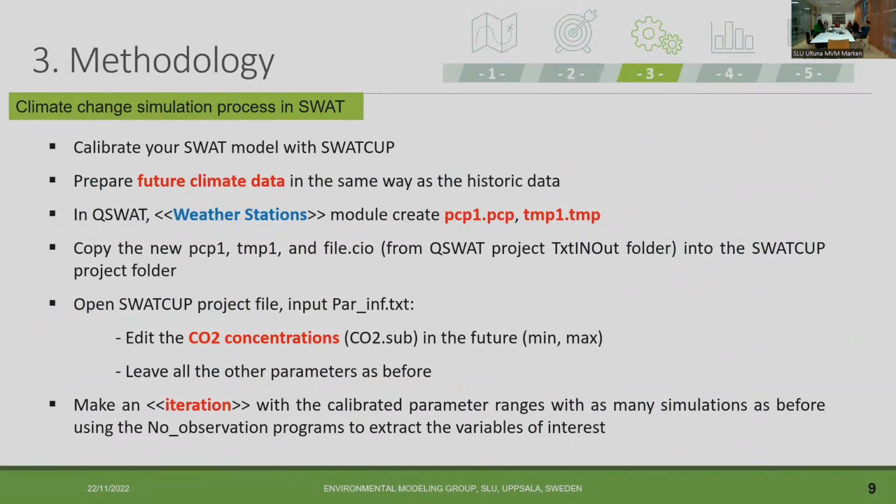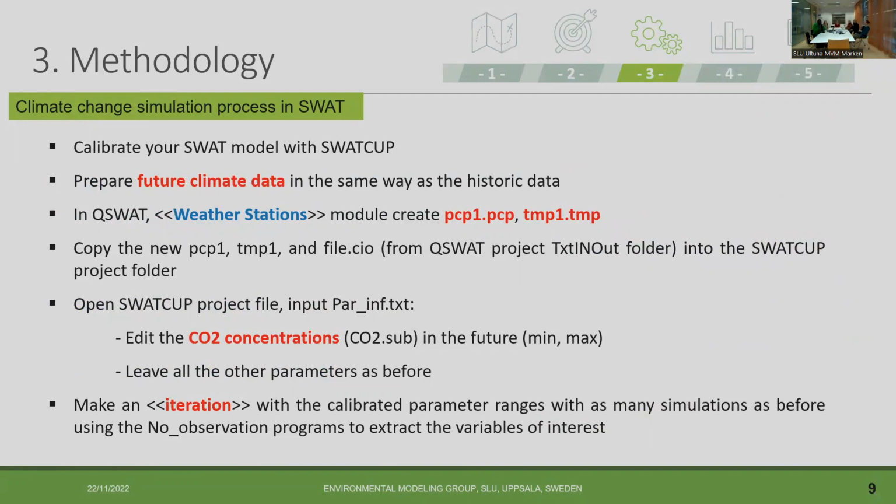You just change the two main climate inputs, which are always precipitation and temperature, whether it's future or historical. You change those files in your SWAT model, and then you also adjust the carbon dioxide concentration.